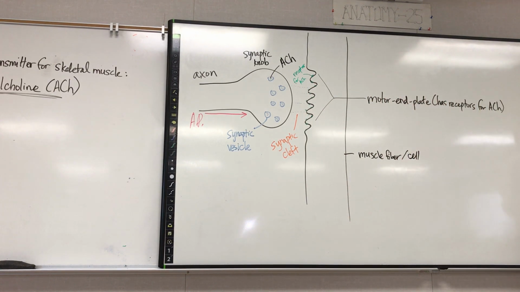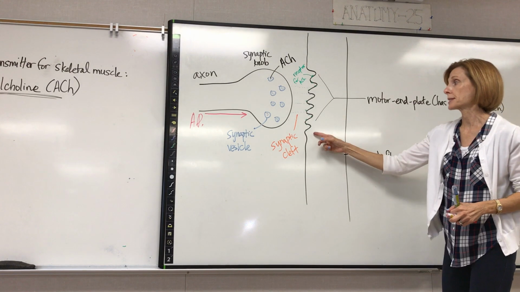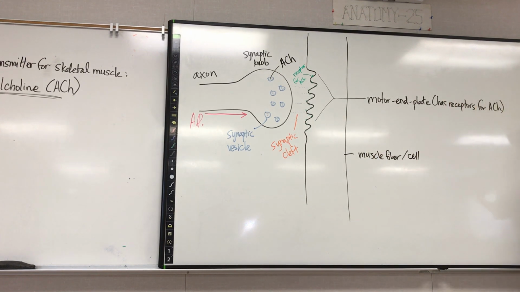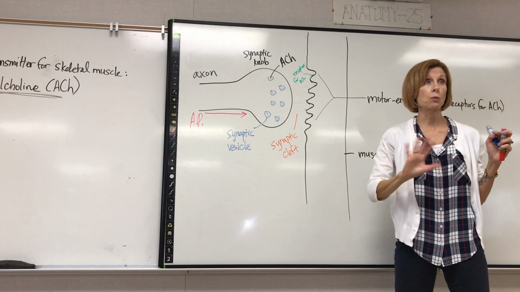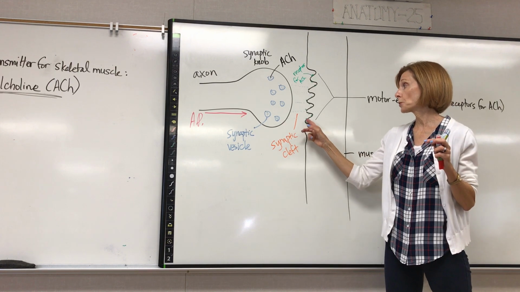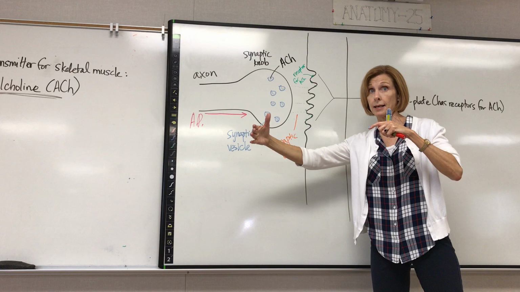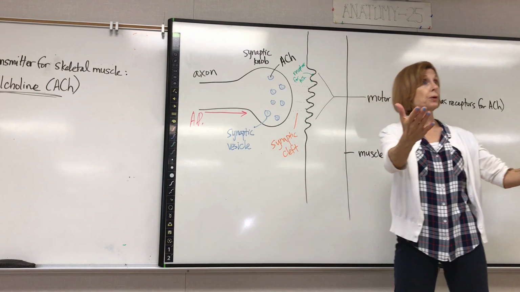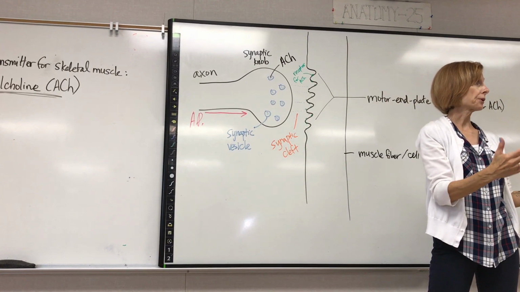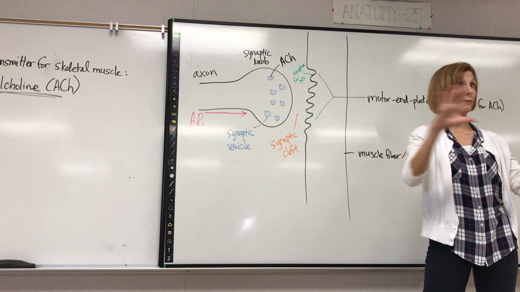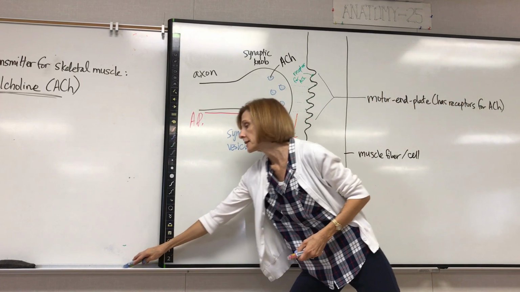When acetylcholine binds to its receptors, that will trigger an action potential in the muscle fiber. So acetylcholine does not go anywhere else. It binds to receptors, but that will now trigger the next step. And that is what you already know. You already know that the muscle fiber will have an action potential, right?